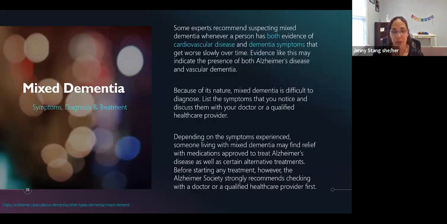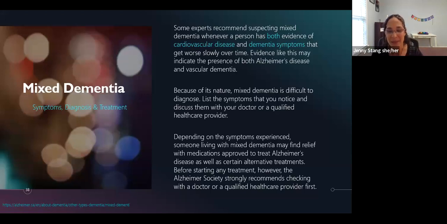Some experts recommend suspecting mixed dementia whenever a person has both evidence of cardiovascular disease and dementia symptoms that get worse slowly over time. Evidence like this may indicate the presence of both Alzheimer's and vascular dementia. Again, because of its nature, it's very difficult to diagnose mixed dementia.